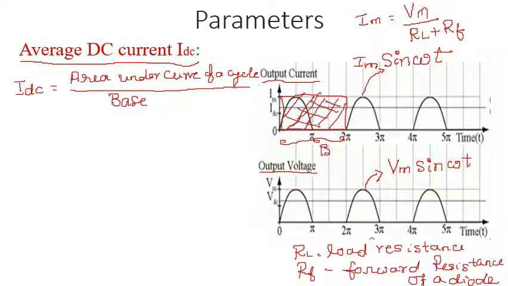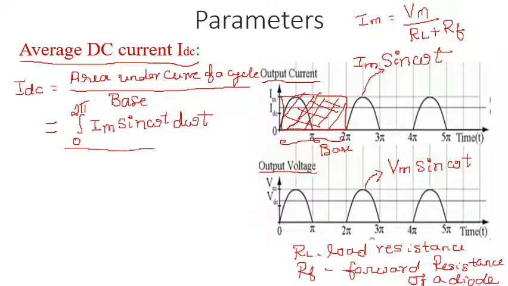This is the base. The area under the curve is given by integrating the waveform between 0 to 2 pi. The waveform is Im sin omega t d omega t, and the base is 2 pi.